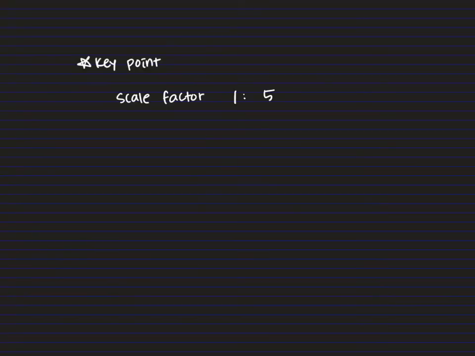To wrap up this lesson, the key points are as follows. When you have a scale factor of 1 to 5, or whichever, this means you have the same units. And let's say you have a model and you have the actual one, you may be missing one of the items. What you're going to do is you're going to use the scale factor and put it as a fraction.